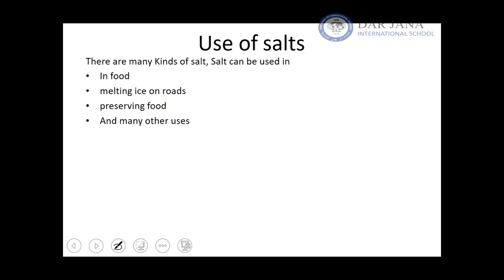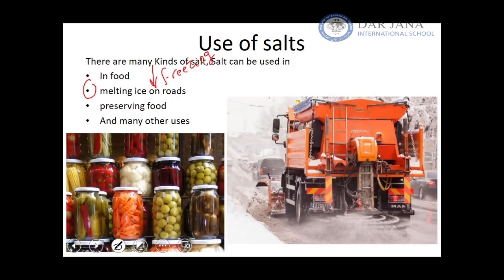So the uses of salts: we use them in food, we use them in melting ice on the road, because if you add salt it will decrease the freezing point of water. So the water needs to become cooler to freeze, because you dropped the freezing point. This is how you melt ice using salt.